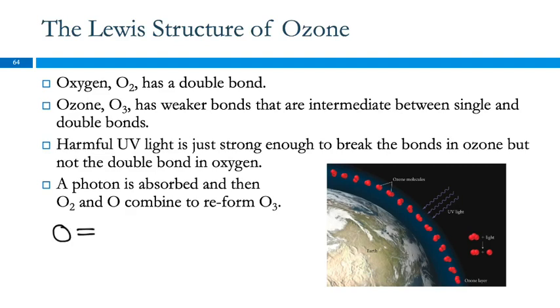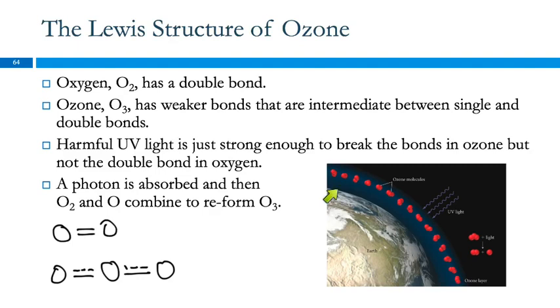So oxygen looks like this, and ozone has that weird resonance structure. It kind of has a 1.5 bond. It's a bond that's intermediate between a single and a double bond. So this bond is weaker than a double bond.